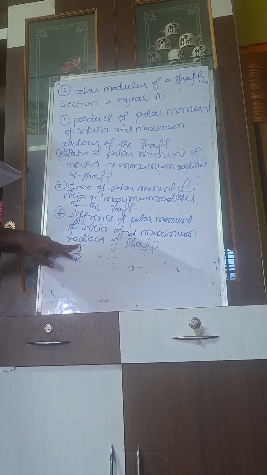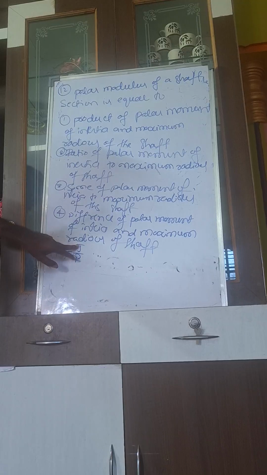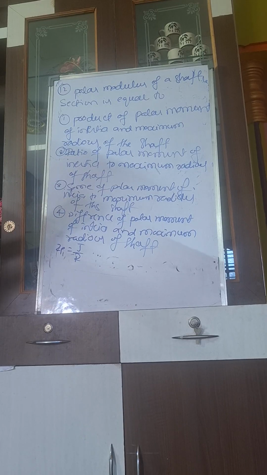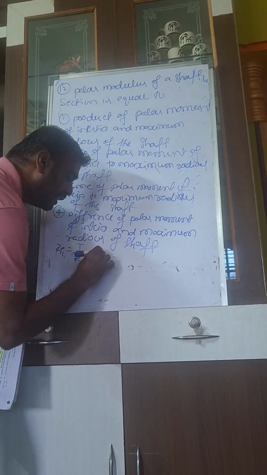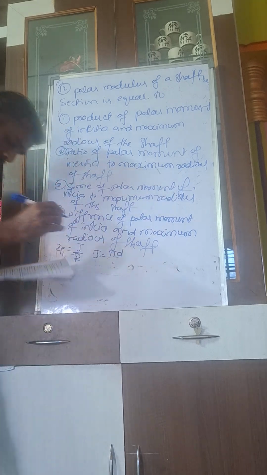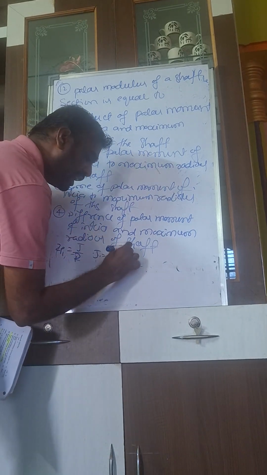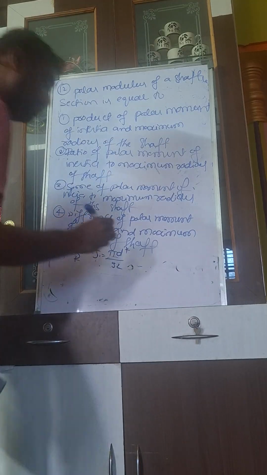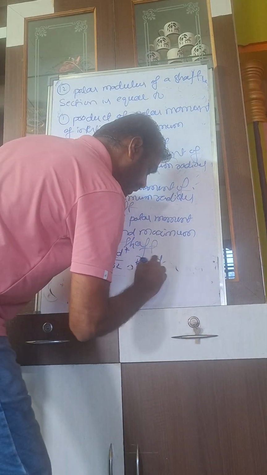J means polar moment of inertia. R means distance from the center to the outermost. See, J means pi d to the power 4 by 32. R means d by 2. You know radius R is d by 2.